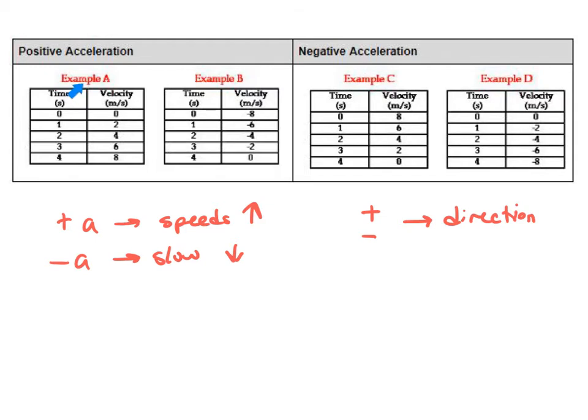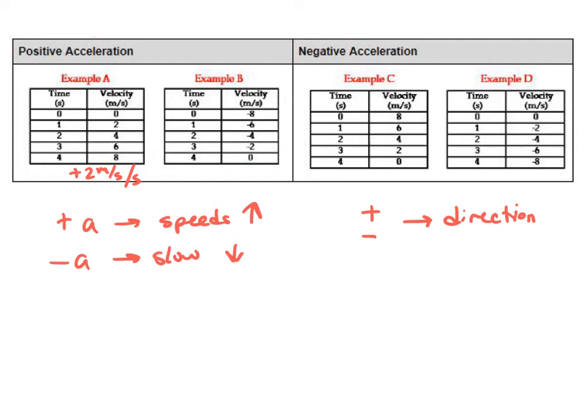So in example A here for positive acceleration, notice that my velocities are going up by 2 every second. So here I am gaining 2 meters per second of speed every second. Now in the second table, notice that my velocities are going from -8, -6, -4, -2, and 0.